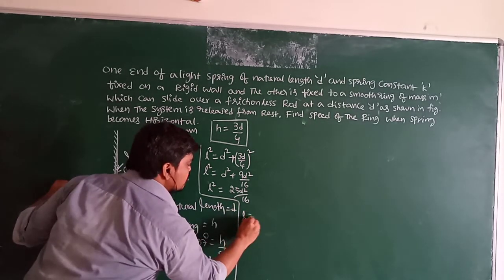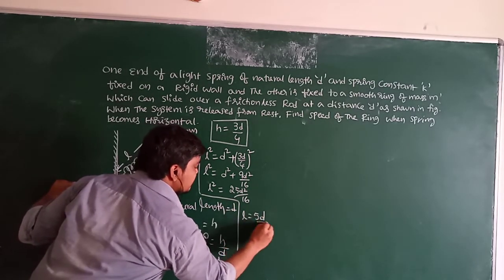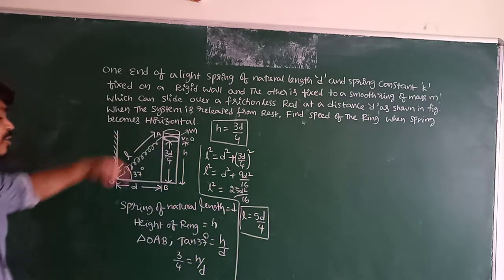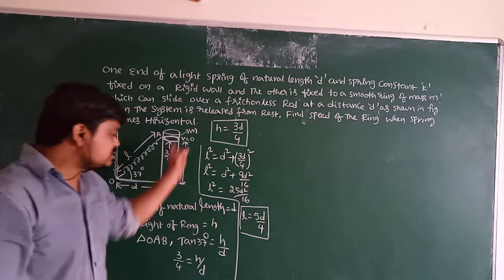See, L is equal to 5d by 4. This is the total length of the spring.